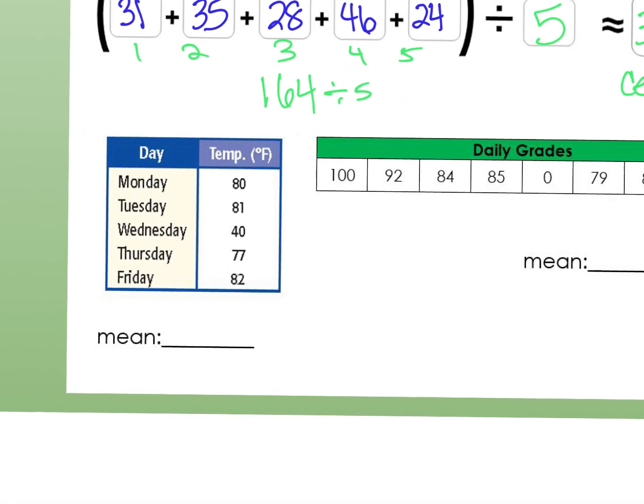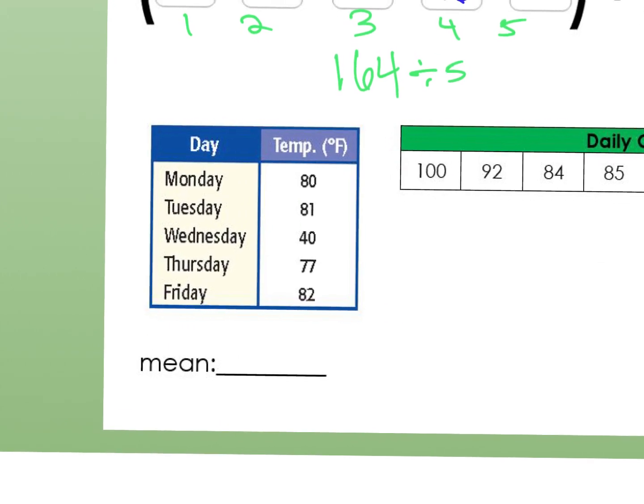Okay, so let's practice. Here we have a table with days and temperatures. The first thing we're going to do is add them all up. On my calculator, I'm going to do 80 plus 81 plus 40 plus 77 plus 82, and we get a total of 360.